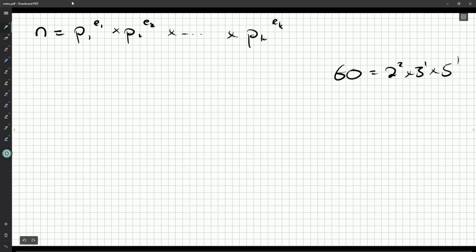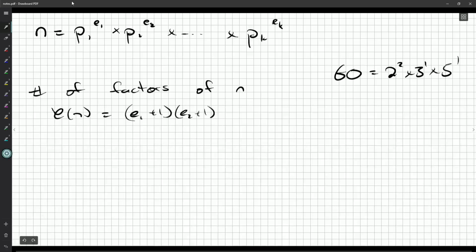Because if you can express a number like this, then the number of factors, which is exactly the function they're talking about, is written (e1 plus 1) times (e2 plus 1) times (e3 plus 1), and so on, all the way up to (ek plus 1), no matter how many primes you have. It's a really nice little trick.